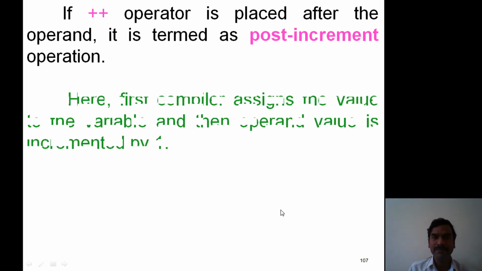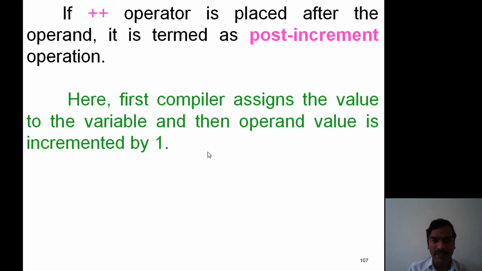Now its functioning. In post increment operation, first compiler assigns the value to the variable. First it assigns the value to the variable, and then operand value is incremented by 1.